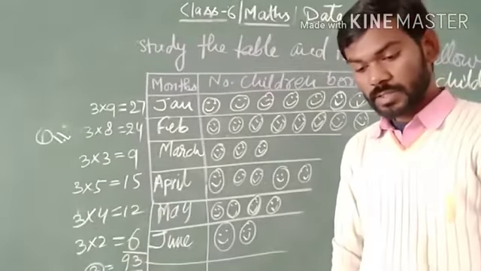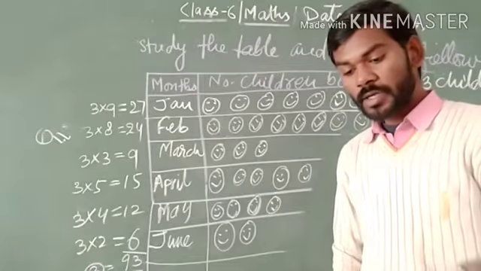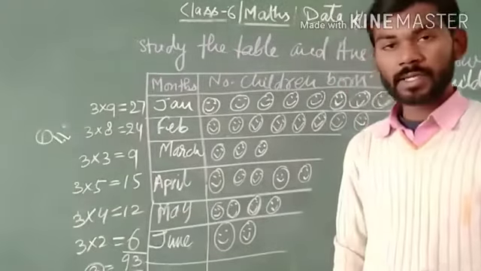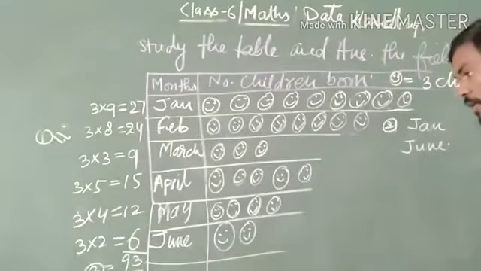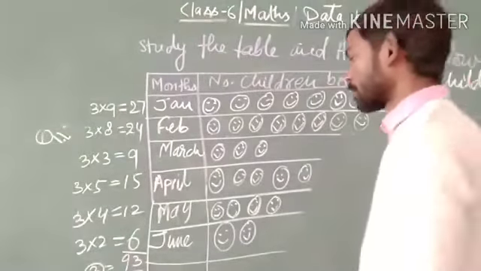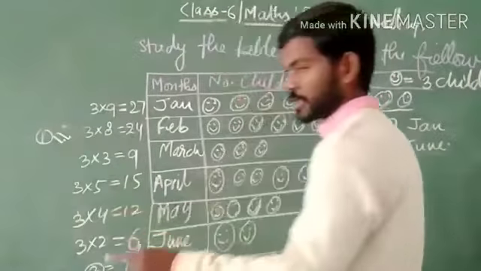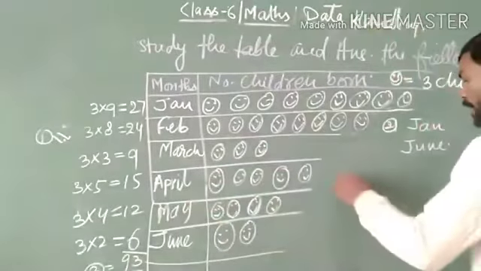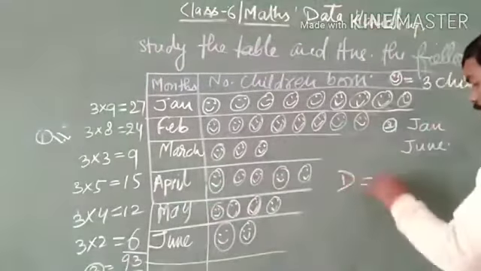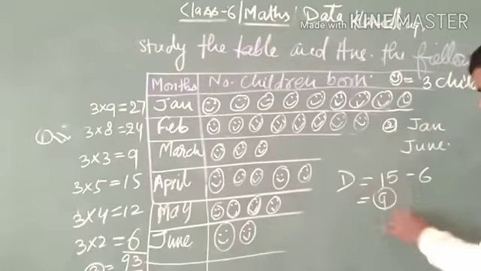The next question is, what is the difference between the number of children born in the month of June and in the month of April? No problem. Here we can see that the number of children born in April is 15 and in June is 6. Therefore, the difference is 15 minus 6, which is equal to 9.